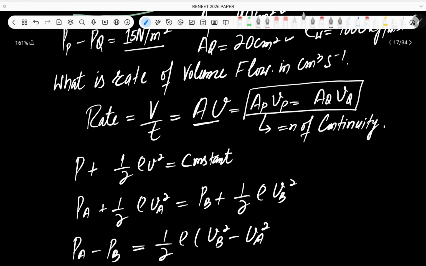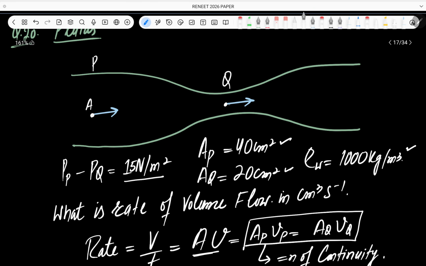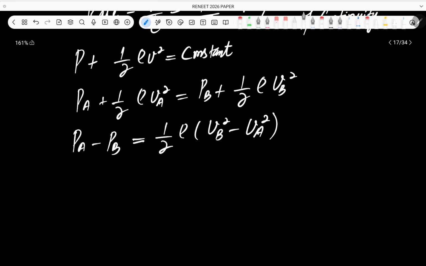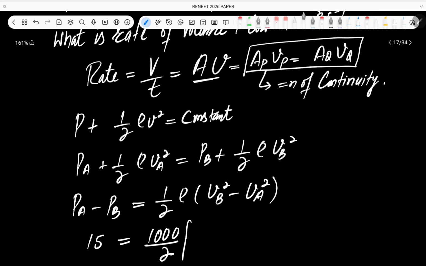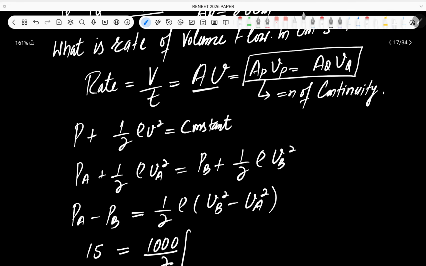All right. Okay, PA minus PB is given to me. Sorry, for example, these are 2 points A and B. It's one and the same thing, doesn't matter. So the difference of PA and PB is given, that's equal to 15, equals, this is here given 1000 divided by 2 into VB. See that VB and VA we do not know.